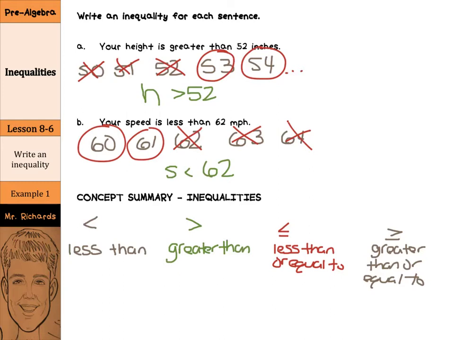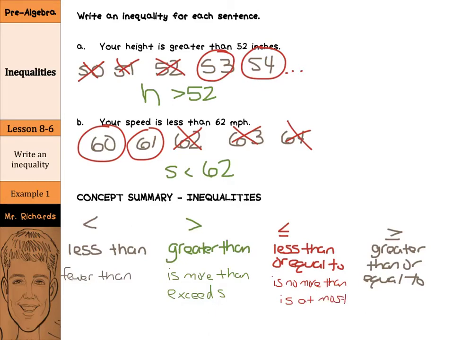Now there are other phrases that go with each of these inequality signs. For example, with less than, we could also say fewer than. With greater than, we could say is more than, or exceeds. For less than or equal to, we could say is no more than, and also is at most.